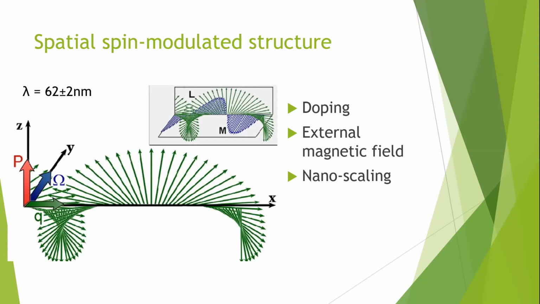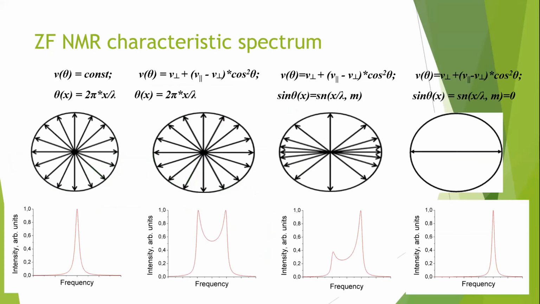And nanoscaling. When you go to nanoscaling, you have some specific magnetic effects which can solve the problem with the locked magnetic moment.